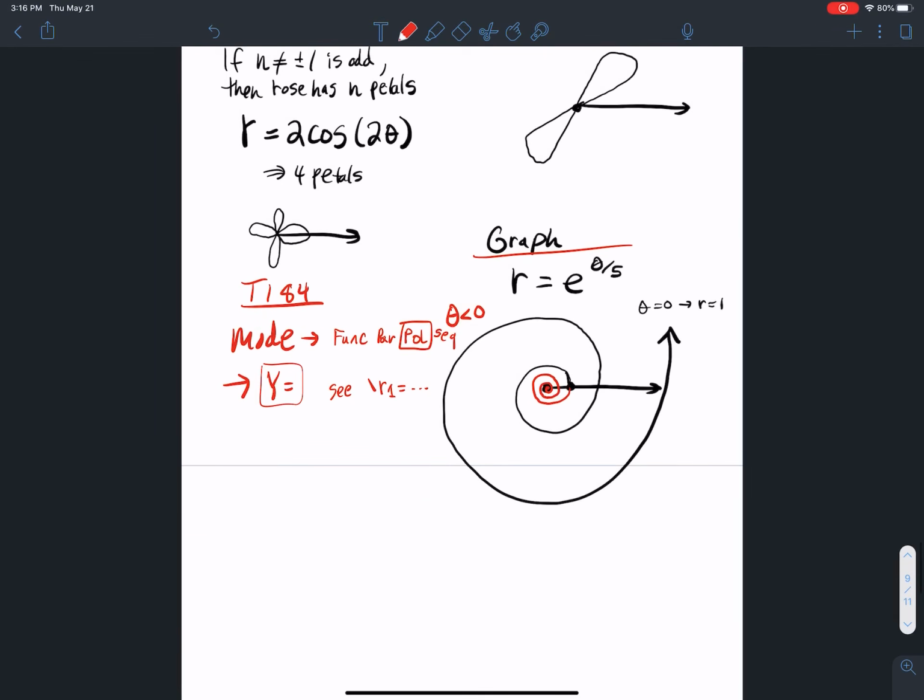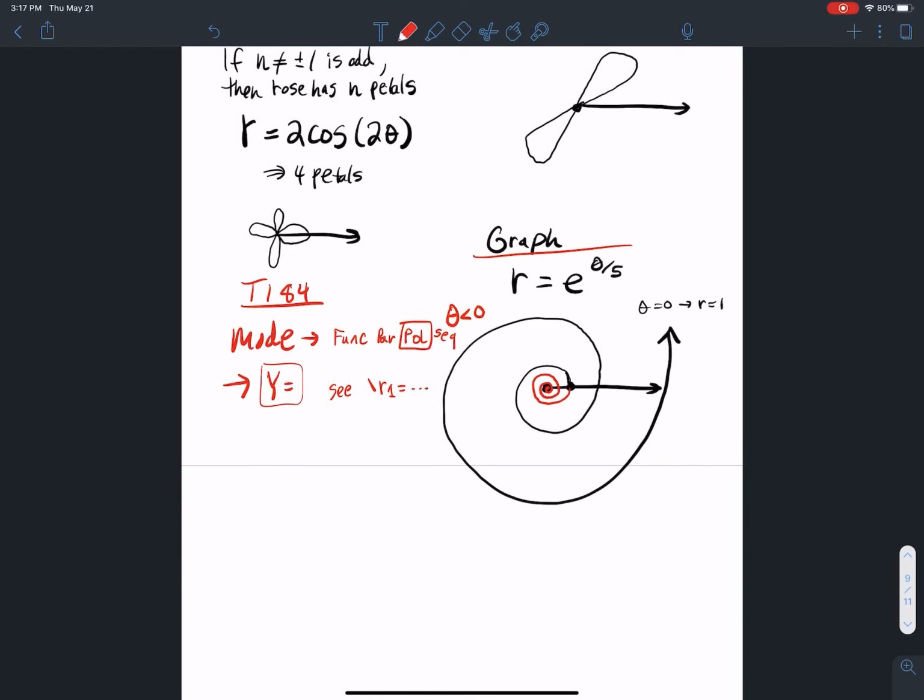All right. So that pretty much covers the different polar equations you've got going on here. Really the biggest key here is just plugging in points for theta and then plotting those points correctly.